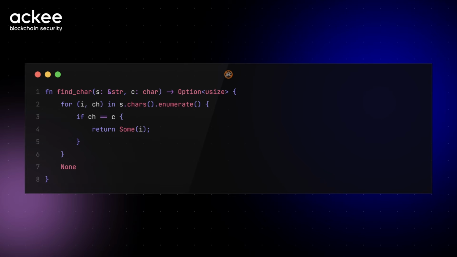So you can see we specify on line 2 that for index and character, we loop through the characters of S. If character is equal to the C, which is the input parameter of the function, then we return Some with the index where the character was found. And if we loop through the whole string and we do not find any character that is the same as the C, then we return None.